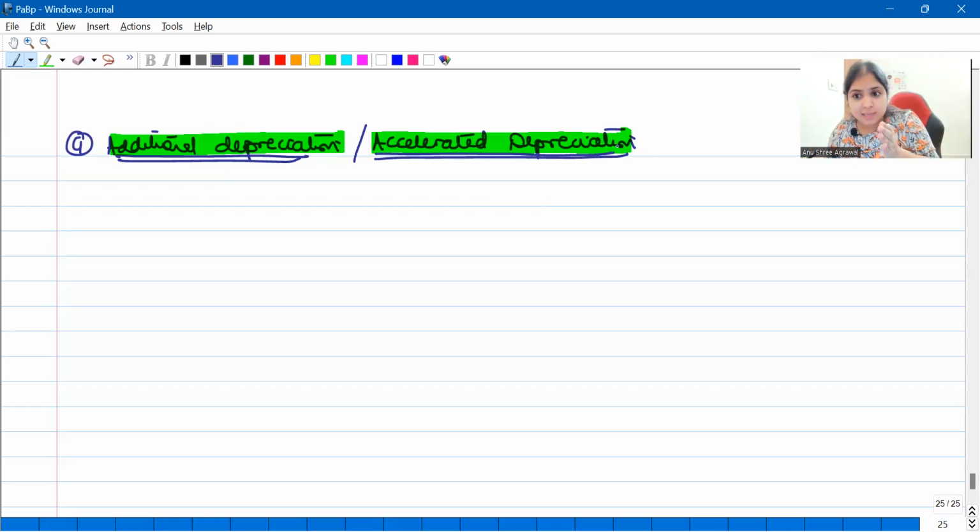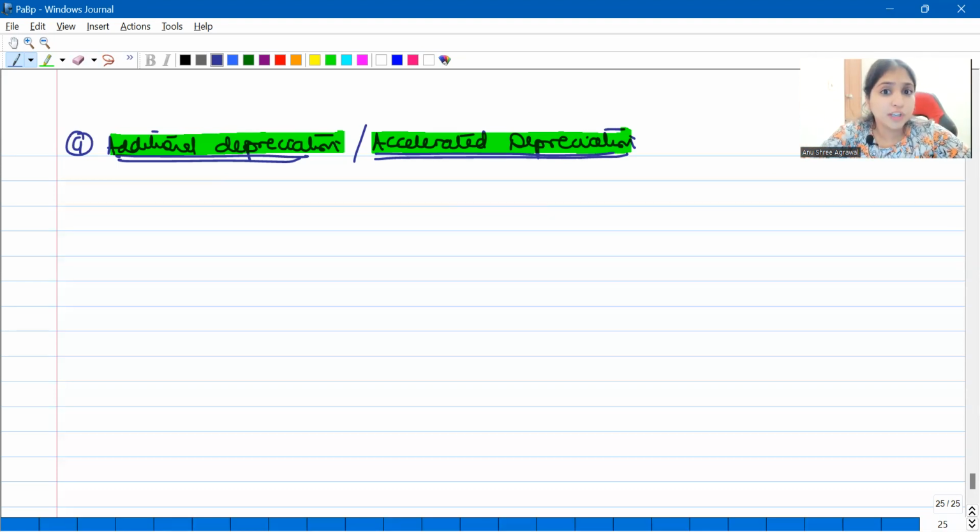See, any extra depreciation is going to be beneficial for the assessee, guys, because in reality, no money is going out. It is not a cash expense. But still, I'm letting you debit this to your P&L. And the more depreciation I let you debit to your P&L, the lesser will be your net profit, and the lesser the net profit, the lesser the tax.